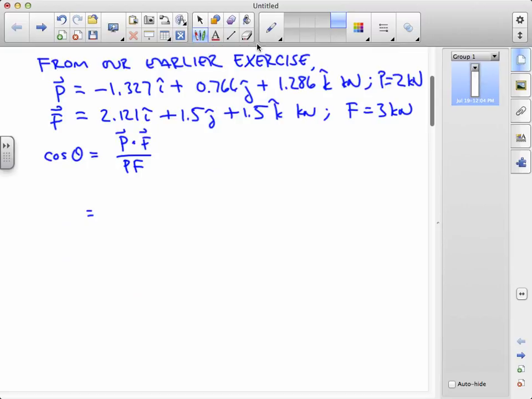Since the dot product is just the sum of the products of the x, y, and z components, the numerator becomes minus 1.327 times 2.121 plus 0.766 times 1.5 plus 1.286 times 1.5.